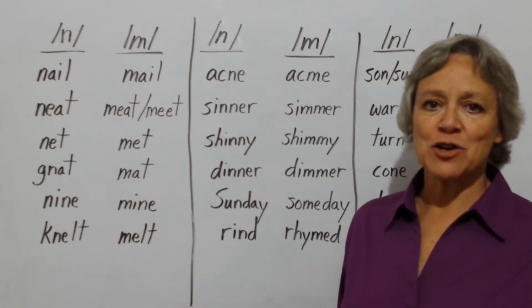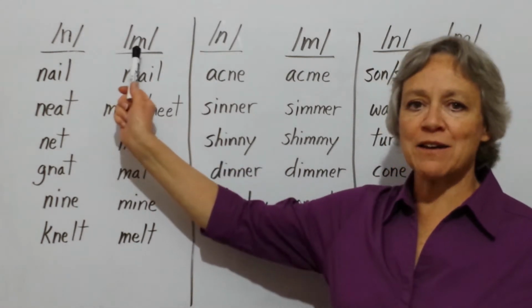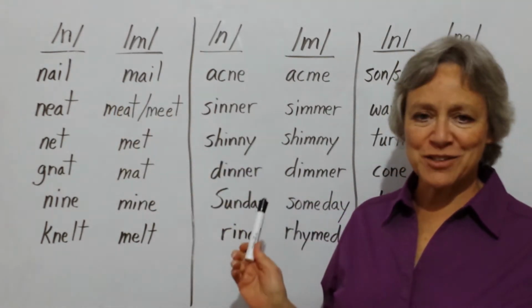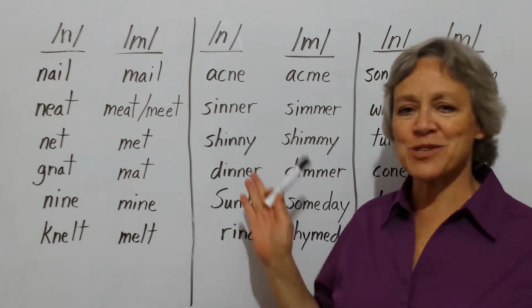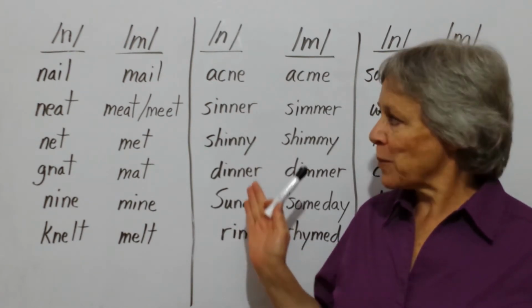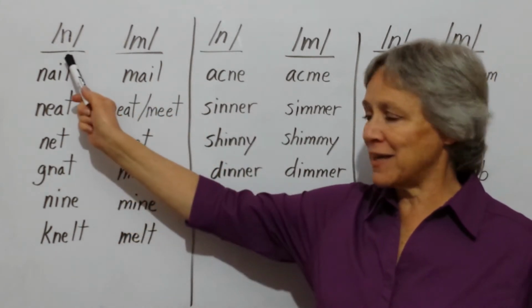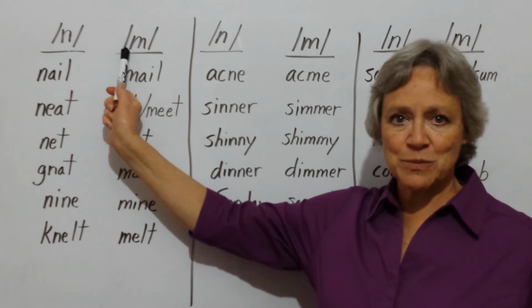Because some people have trouble distinguishing between the N and M sounds, I'd like to practice words containing those sounds in this exercise, okay? As with the last exercise, I have 2 columns of words that begin with either one of those sounds.